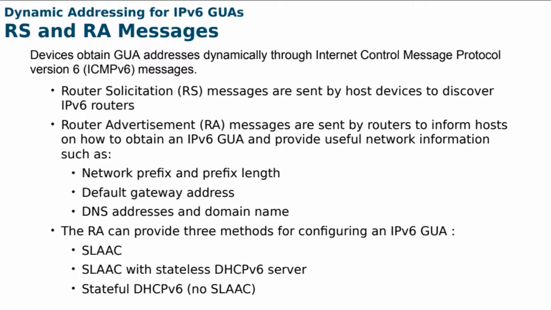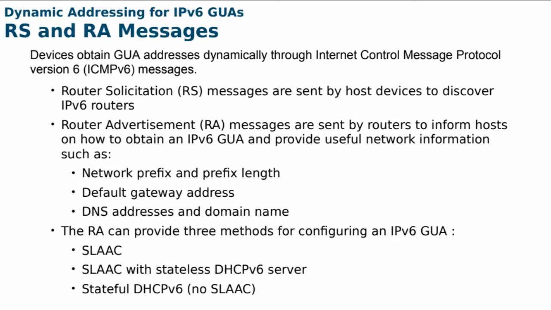And then we have router advertisement. This is sent by the router to inform hosts on how to obtain an IPv6 GUA and provide useful network information, such as network prefix, default gateway, okay, and so on.